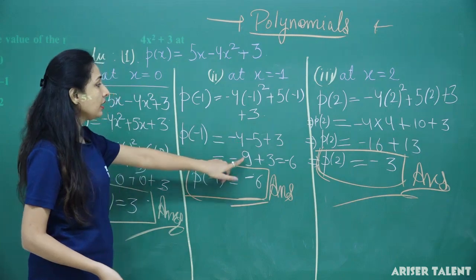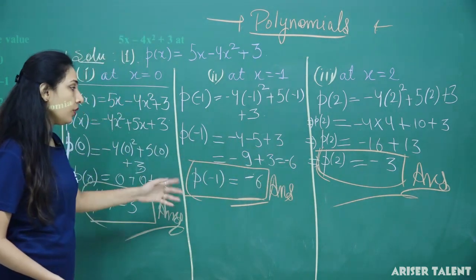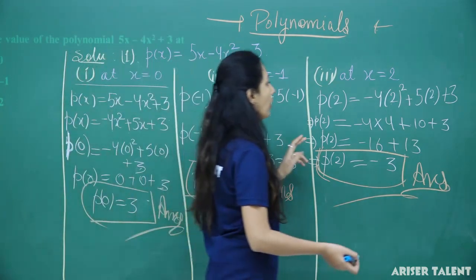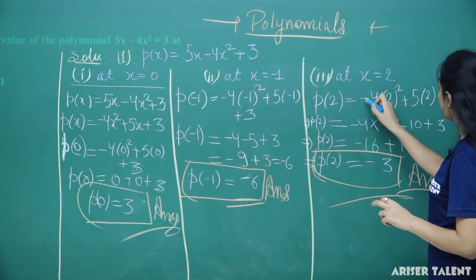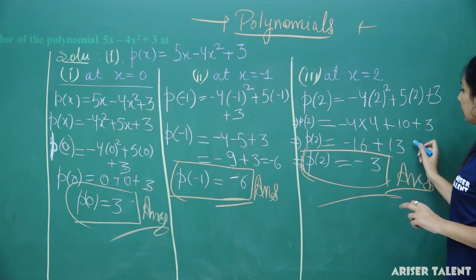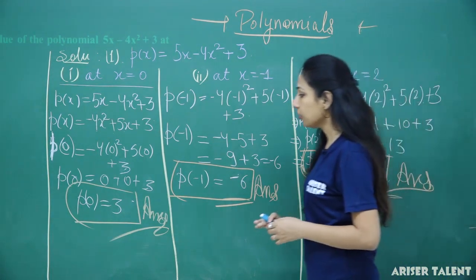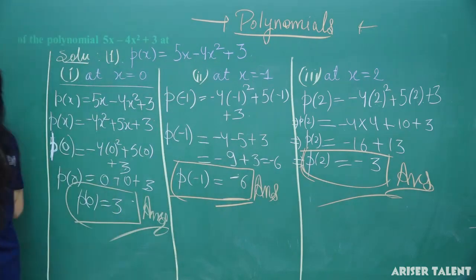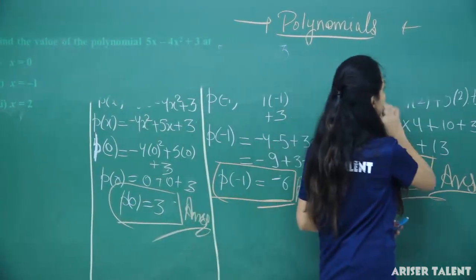So 5 and 4 is 9 minus, and 3 of plus, that will be minus 6 for sure. Minus 6, this is correct. Now again for 2, 2 squared is 4, 4 fours are 16. So minus 16 and 10 plus 3, that will be 13. So minus 16 plus 13 is minus 3. So these are your 3 answers. Now you are done with all these 3 questions. So we will move forward.